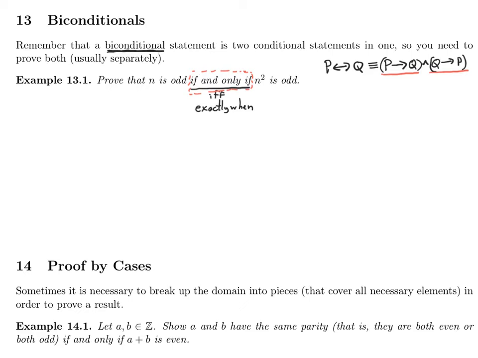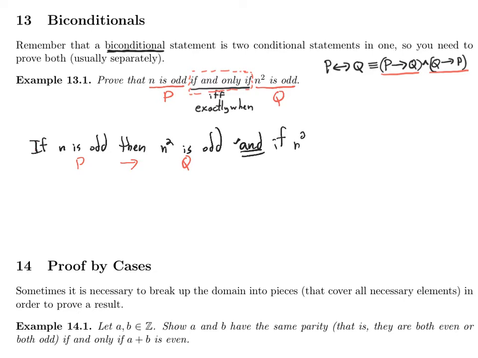So this is the same thing as saying, if n is odd, then n squared is odd, and that is, if that's our P, here's our Q, this is our P implies Q, and we need to prove the other thing.